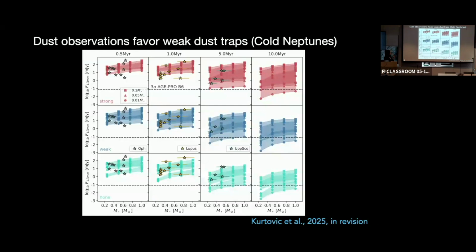I know this plot is busy, but focus on the bottom first. This one is showing different stellar masses and different ages: 0.5 million year, 1 million year, 5 million year, 10 million year, and how the measured millimeter flux of the continuum emission will change over time. If there's no pressure bump in the disk, the dust particles will grow and drift towards the central star. So gradually you lose dust, and you can see the continuum flux decreases over time.